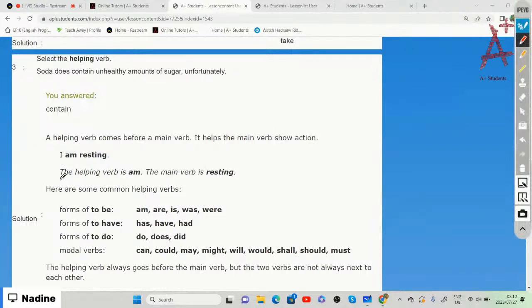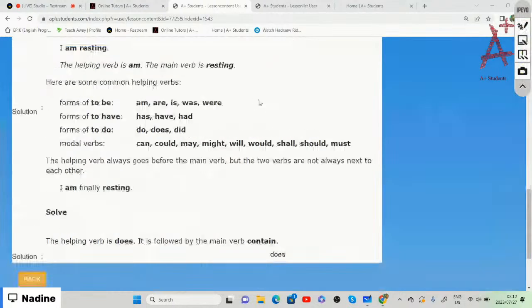Soda does contain unhealthy amounts of sugar, unfortunately.